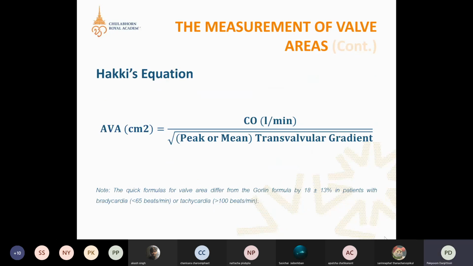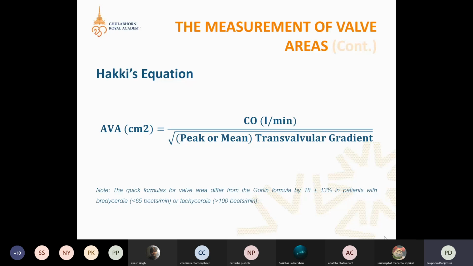That is the Gorlin equation, but actually we can use another simplified version to find the aortic valve area by using the Hakki equation.